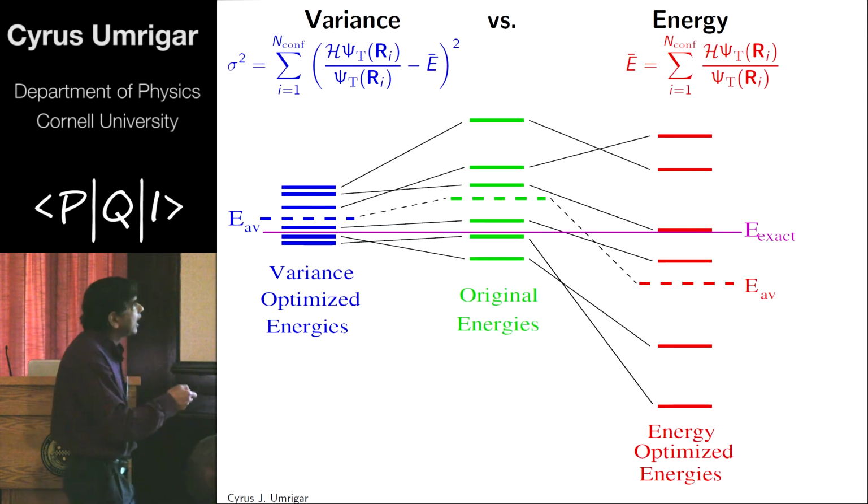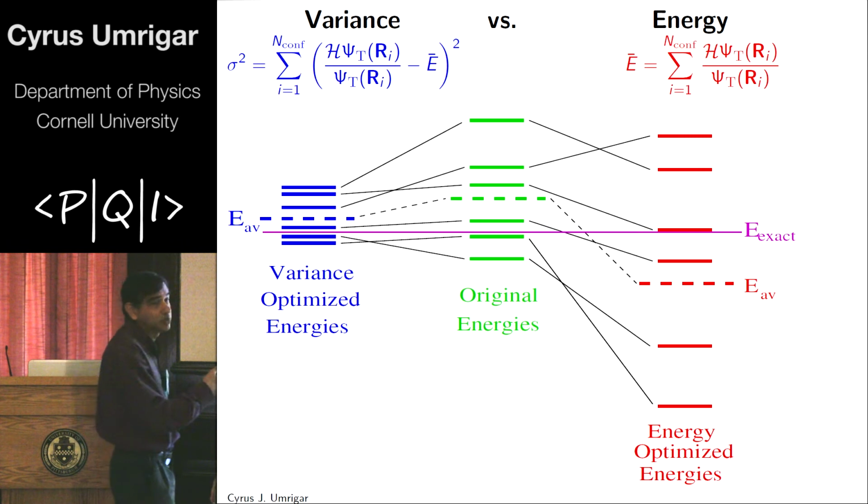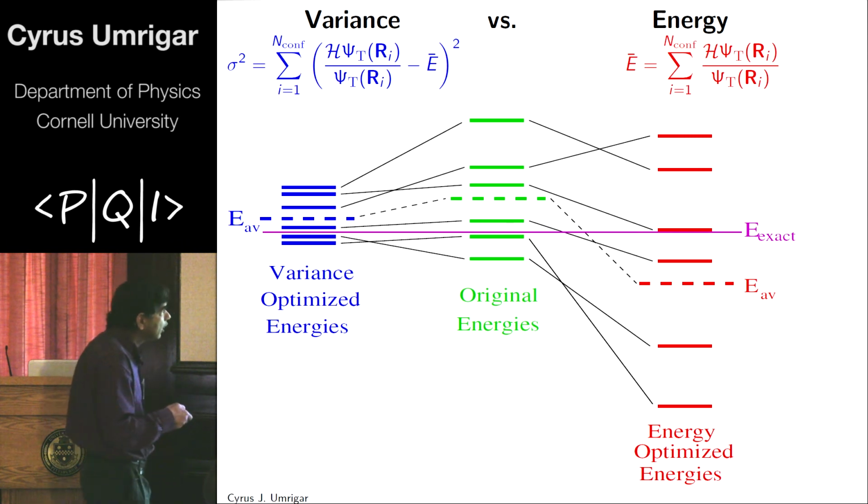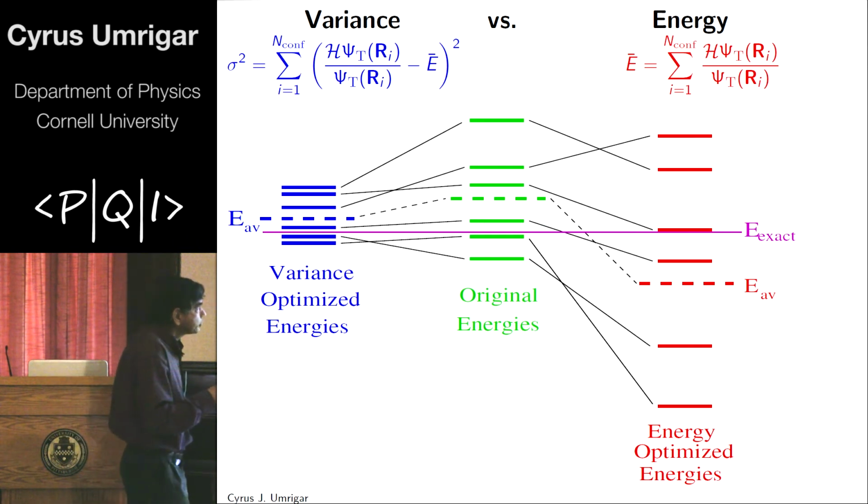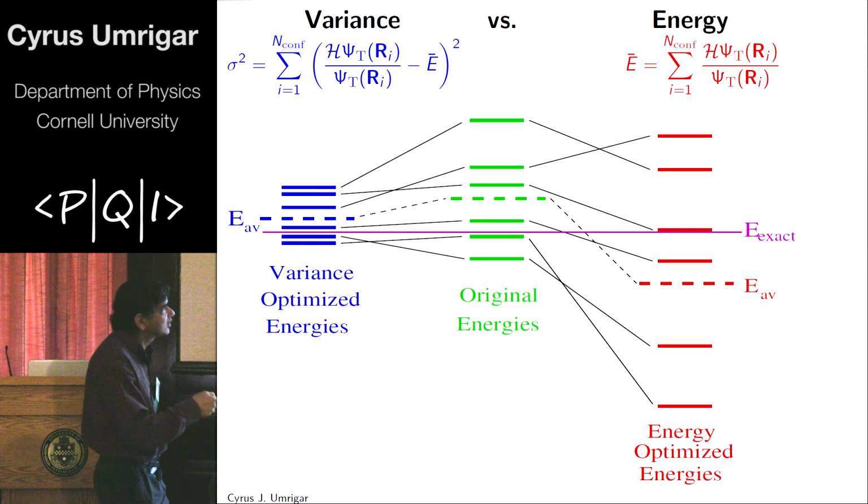So supposing I have a set of Monte Carlo samples, and I have an approximate trial wave function. Because my wave function is approximate, my local energies will have a spread. They will not each be equal to the exact energy. Okay. Now, supposing I have a variational wave function, and now I try to minimize the energy. Think about what happens. Most of these local energies will tend to go down.